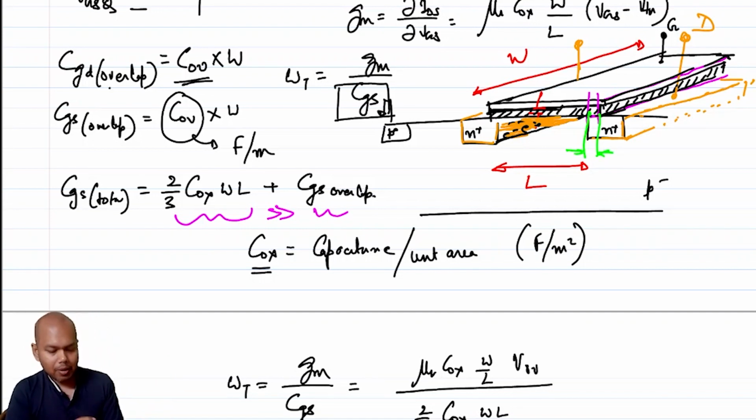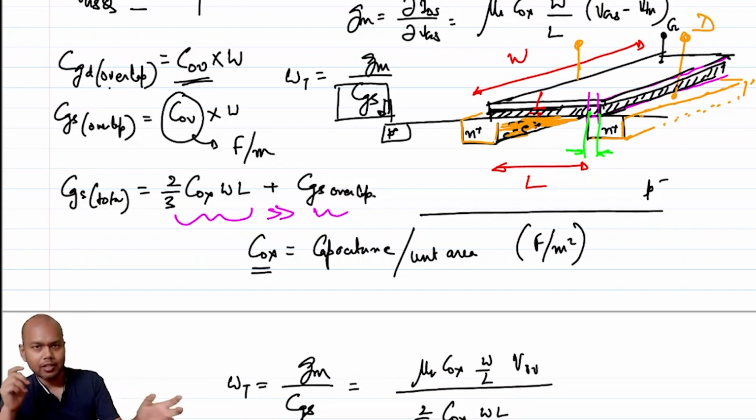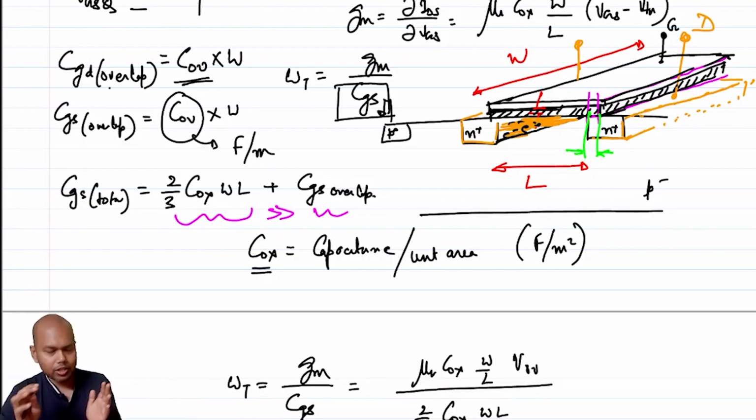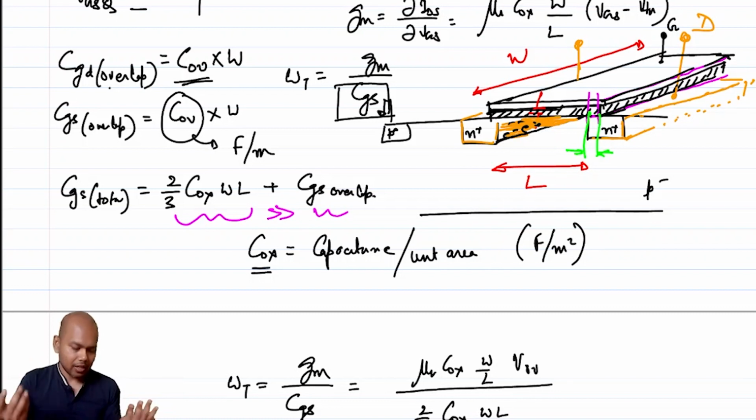Okay, but we can control the L, we can control the W. So for a designer, that overlap is not a design variable, but the length and the width are. So we would like to simplify this capacitance calculation in terms of the W's and the L's, and the rest we'll put in a proportionality constant, and the proportionality constant for the overlap capacitance will essentially be capacitance per unit length.